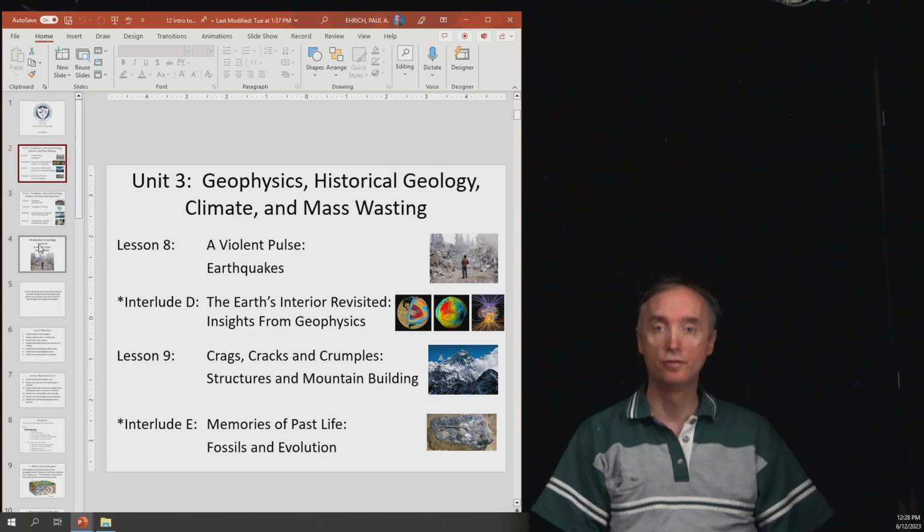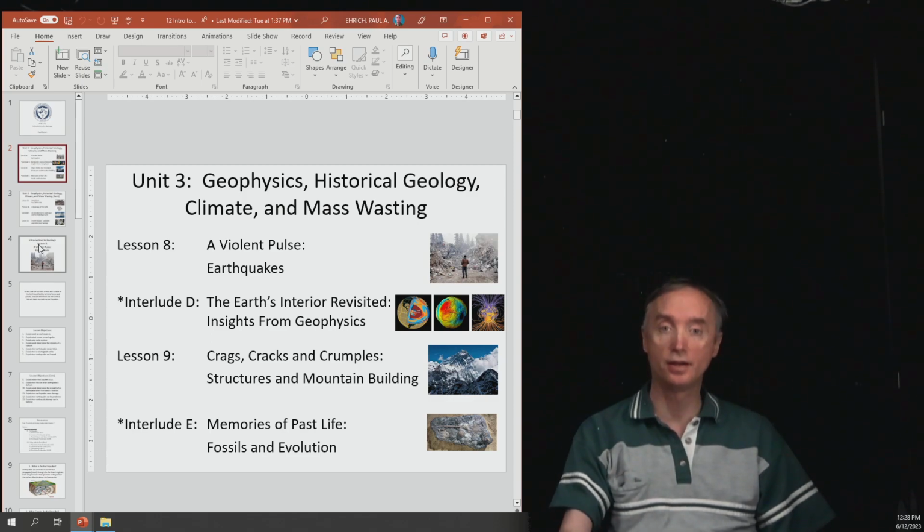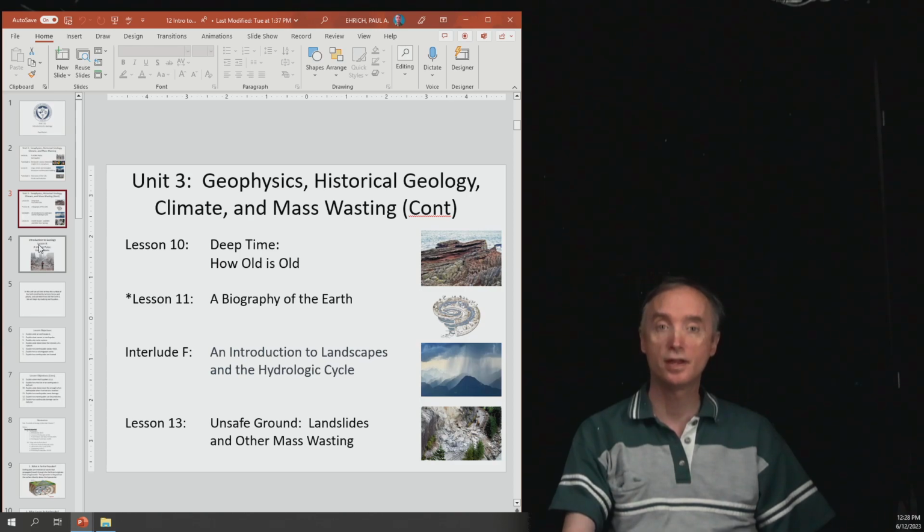We're going to be going over Lesson 8 on earthquakes, Interlude D on geophysics, Lesson 9 on structures and mountain building, Interlude E on fossils and evolution, Lesson 10 on how do we know how old the Earth is, and then Lesson number 11, the actual history of the Earth, Interlude F on landscapes and the hydrological cycle, and then finally Lesson 13 on landslides and mass wasting.